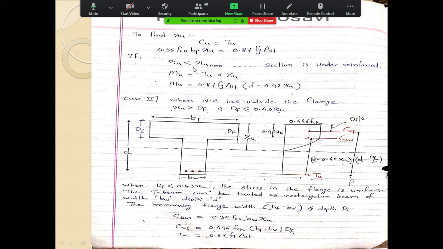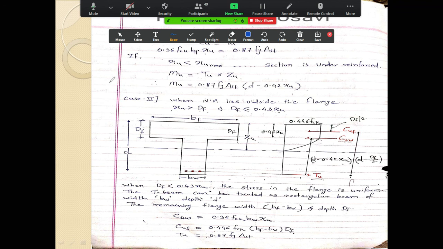So the main point is that when you are talking about Cu, the formula for compressive force is nothing but, to calculate force, the basic formula is stress into area. Your stress is 0.36 fck and your area is Bf into Xu. This is for Cu. Similarly for Tu, your stress is 0.87 Fy into area Ast.